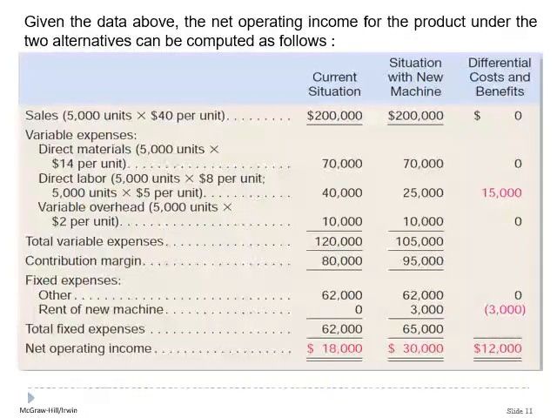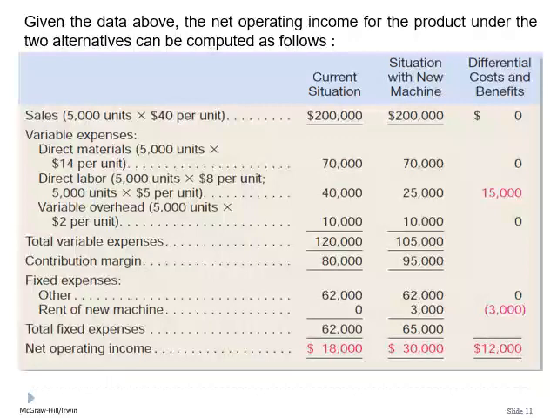Look at the bottom of the slide. Look at the net operating income. Note that the net operating income is 12,000 higher with the new machine, so that is the better alternative.